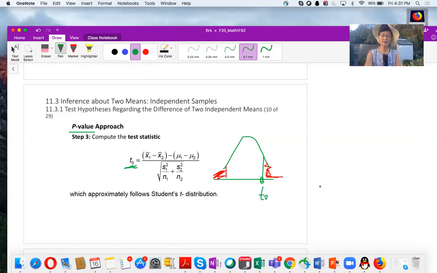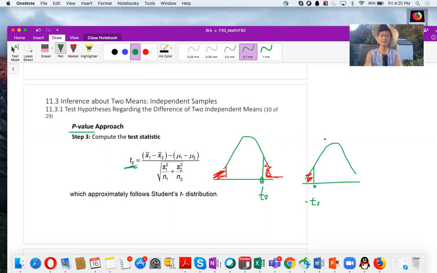If it is a left-tailed test, and you have your test statistic negative t0 here, the p-value is the left tail area.